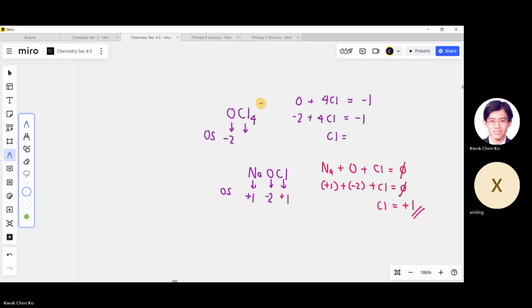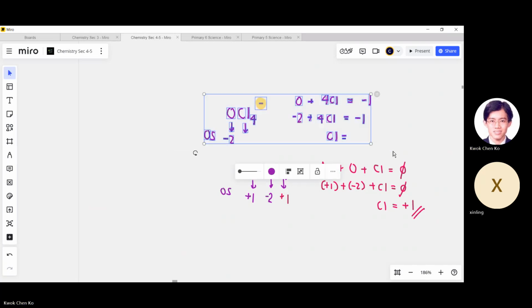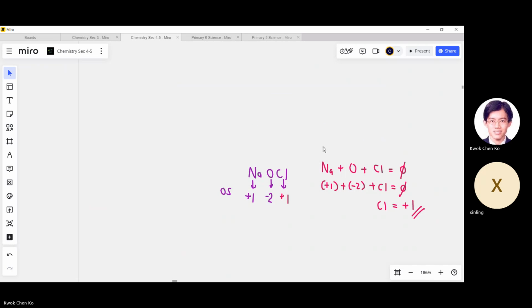What do you get? Hold on. What did I miss out? Oh, okay. Yeah, I made a mistake in the formula. Okay, my bad. This is the correct formula. Still, you have 2 Os.